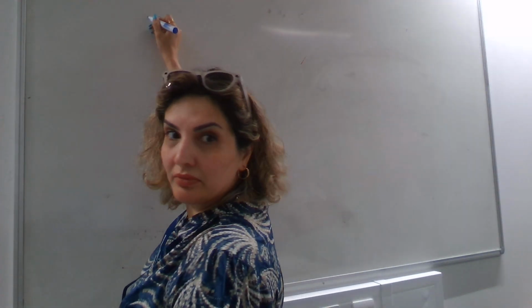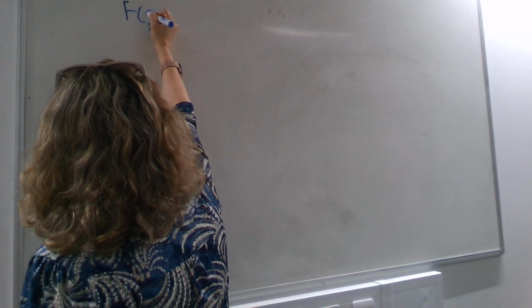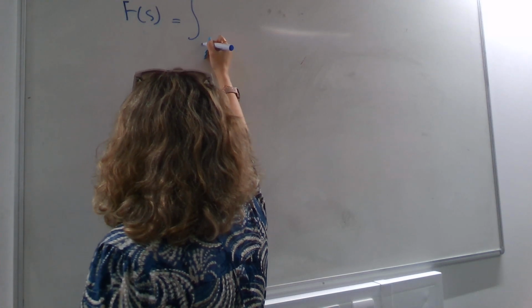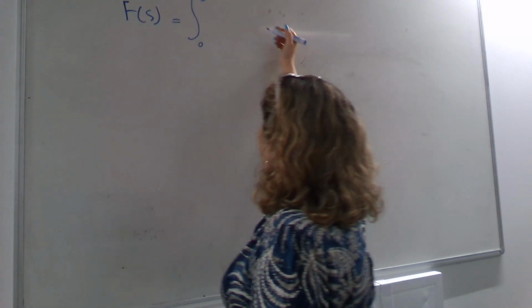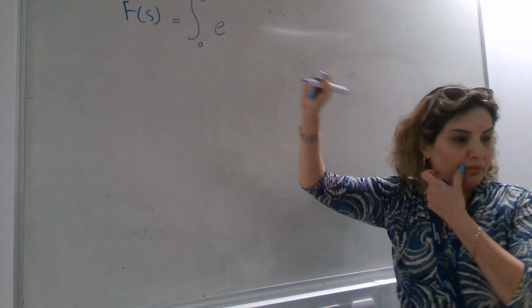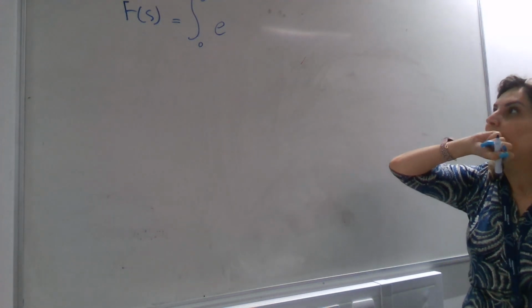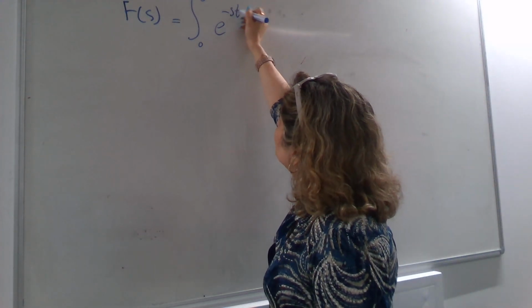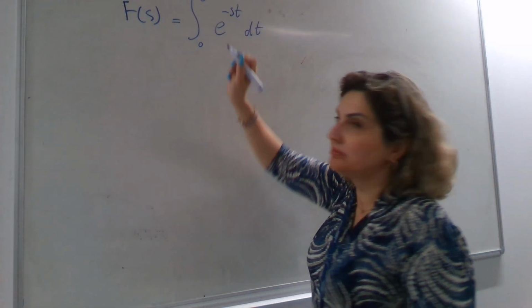And when we are looking at F(s), we are looking at this integration from 0 to infinity, and we are looking at an exponential here. Does anyone remember what the exponential is? It's e to the minus st dt.